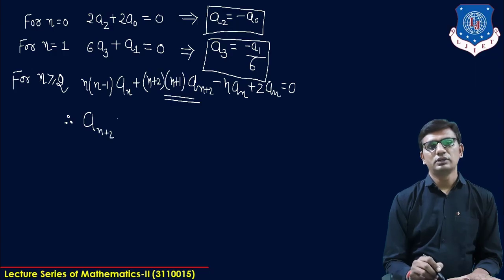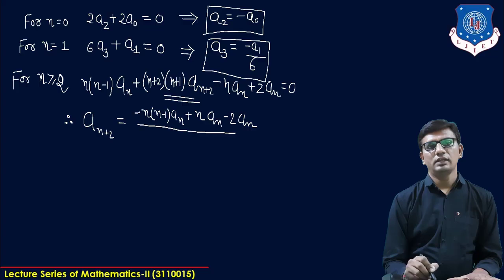Then a_{n+2} equals minus (n−1)a_n plus n minus 2n upon (n+2)(n+1), which is valid for n greater than or equal to 2.